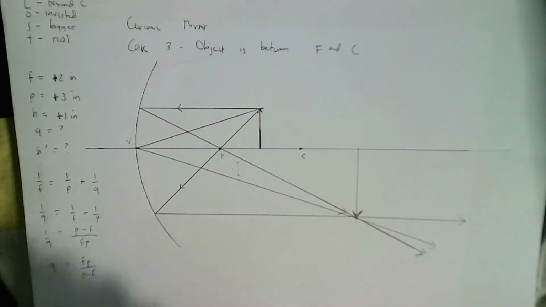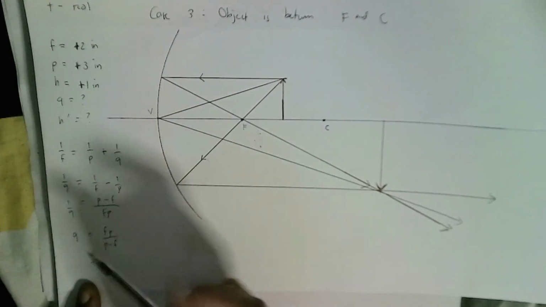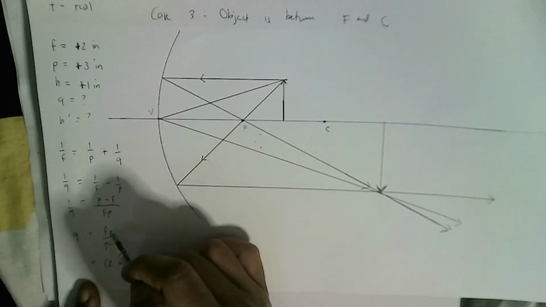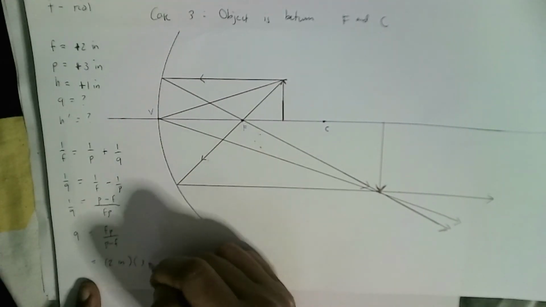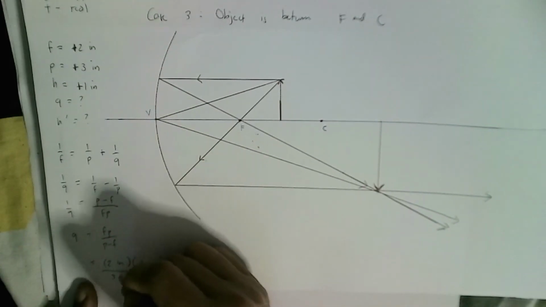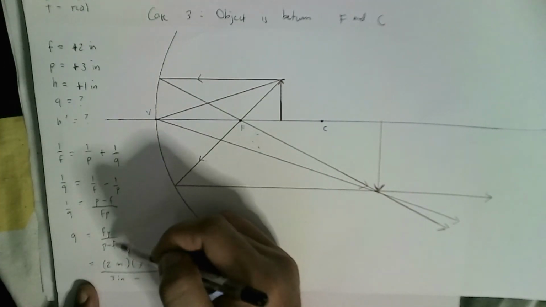And finally, now I can solve because I can now substitute. F is, well, 2 inches times P is, well, 3 inches positive, divided by P is 3 inches minus F is 2 inches.